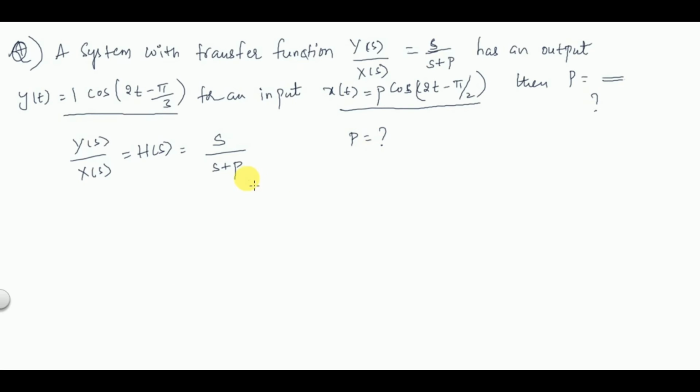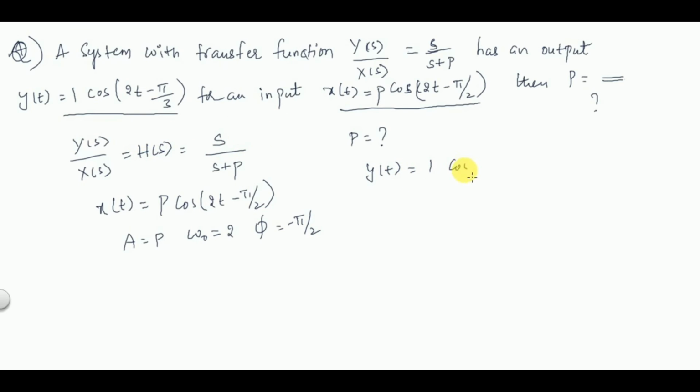Right, same concept here. If you compare, x of t is equal to p into cos of 2t minus pi by 2. So A is going to be p, omega naught is equal to 2 and phi is equal to minus pi by 2. Similarly, y of t, he has given both input and output: 1 into cos of 2t minus pi by 3.